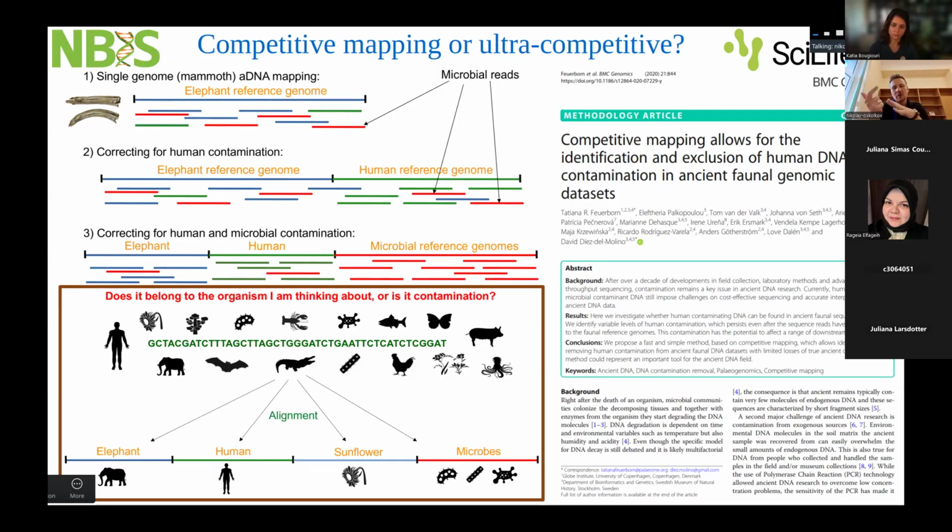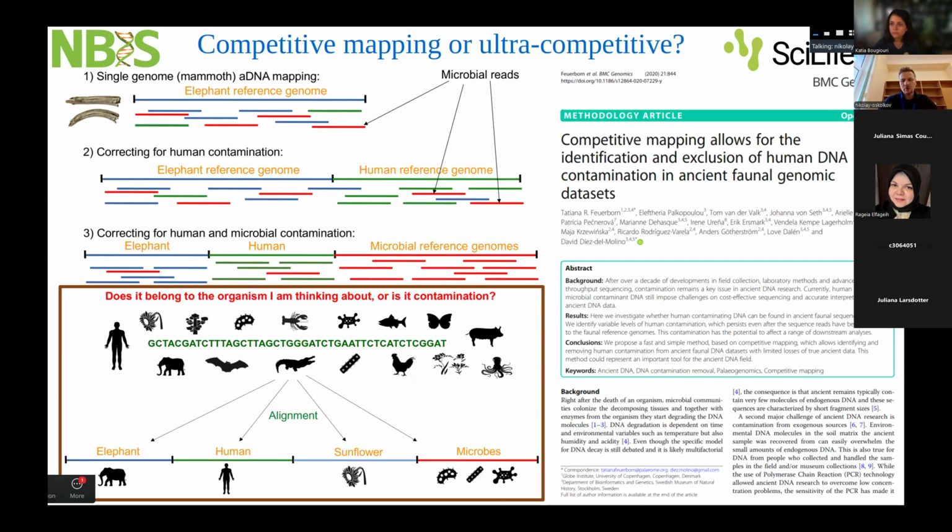If you map this mixture of DNA to the elephant reference, of course, the plant and microbial reads potentially can bias everything, can bias variant calling, for example. So I hope this answers what you were asking about.